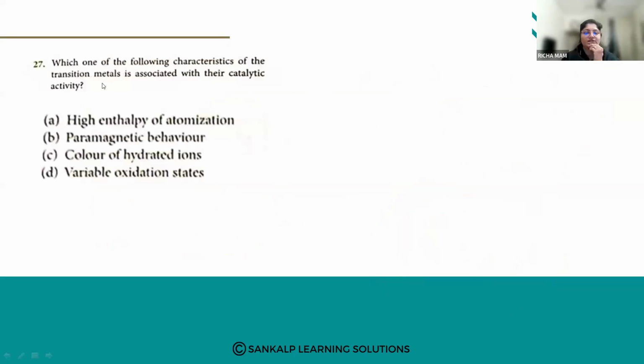Next question. Which one of the following characteristics of the transition metals is associated with their catalytic activity? A. High enthalpy of atomization. B. Paramagnetic behavior. C. Color of hydrated ions. And D. Variable oxidation states.